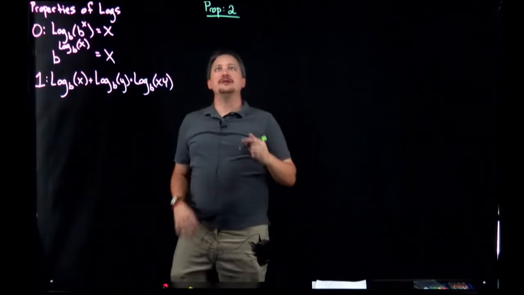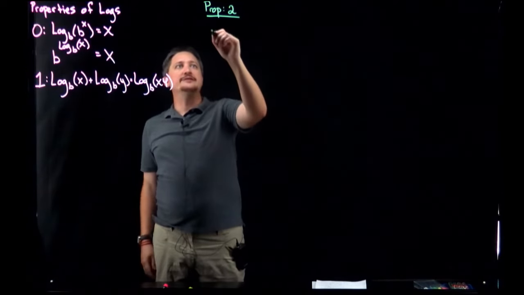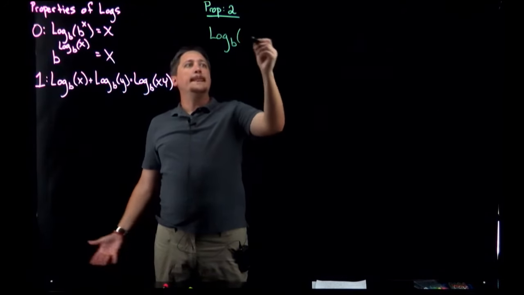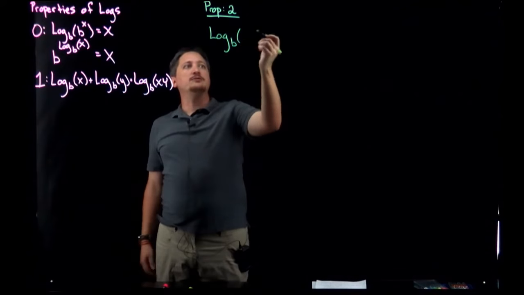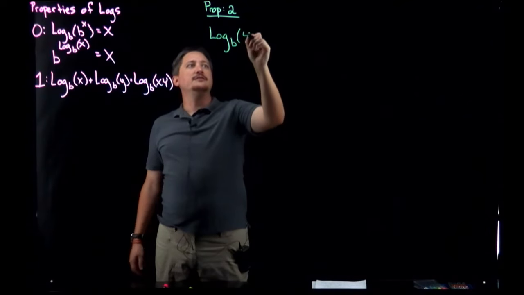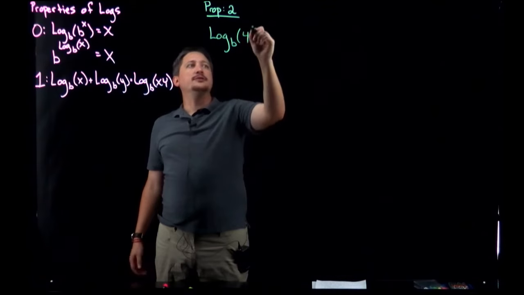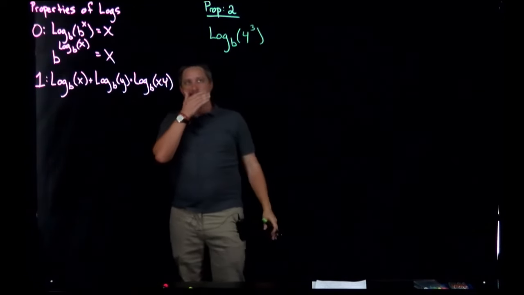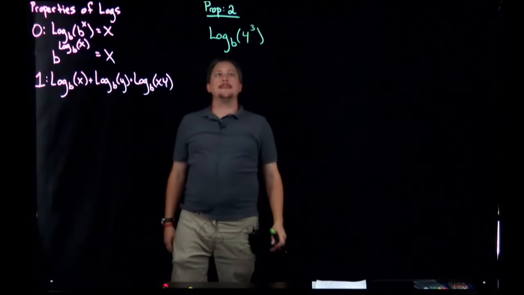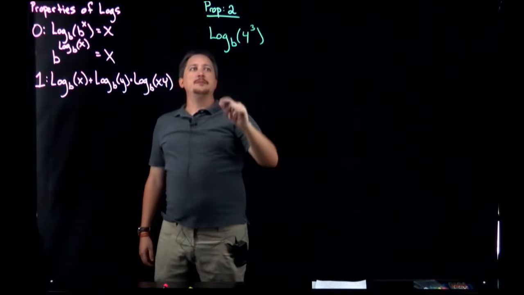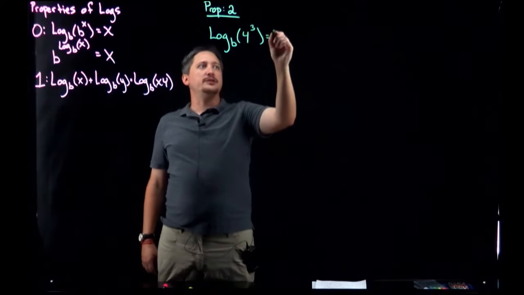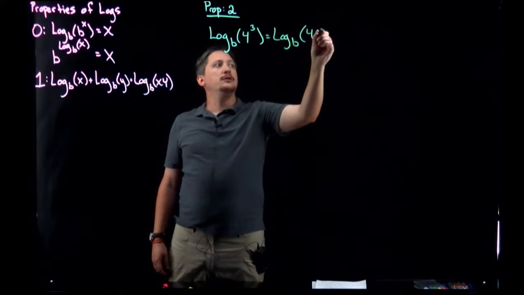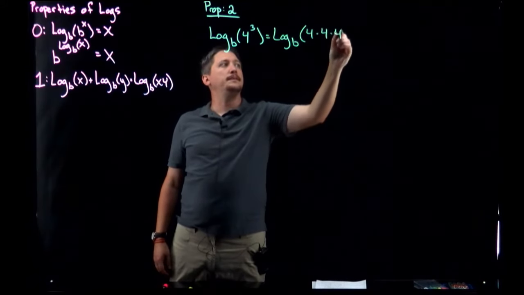So the question here is, consider the case where we have some log base b of a number to a power. So I'll write it as, let's say, 4 to the third, for any base b. Now, I can think of this as 4 to the third, but I could also write exactly what it is, which is log base b of 4 times 4 times 4, right?